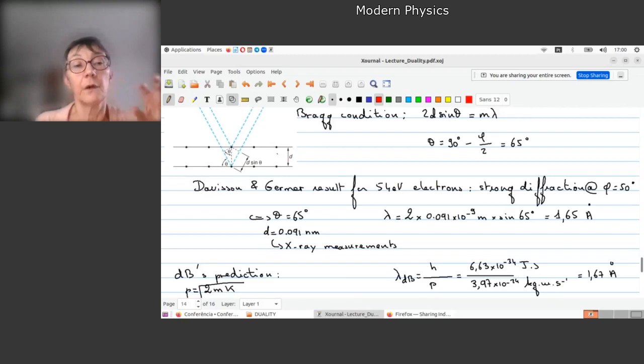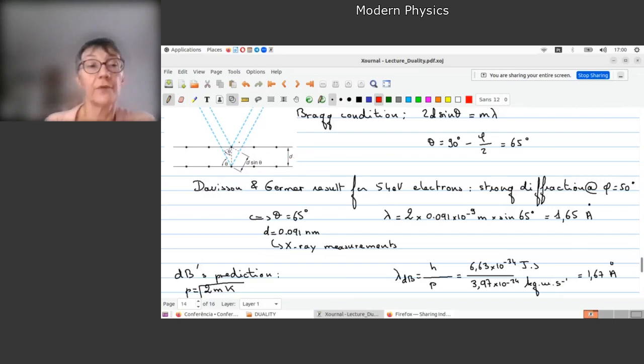And you can characterize any crystals. If you know the wavelength of the X-ray you use, through X-ray crystallography you can characterize your crystal, and so you know the value of this interspacing.